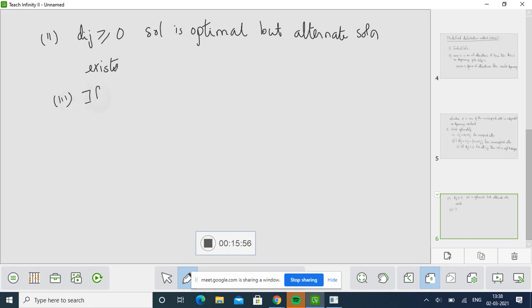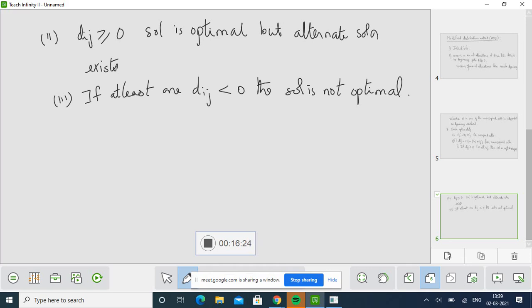If at least one Dij is less than 0, the solution is not optimal. So these are the main things which we want to give.